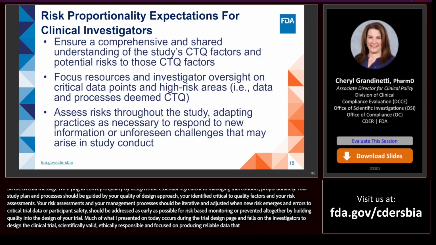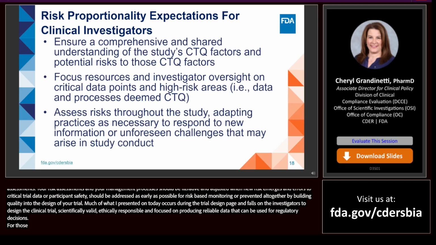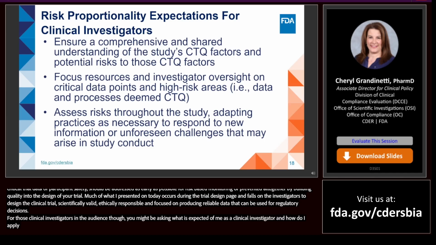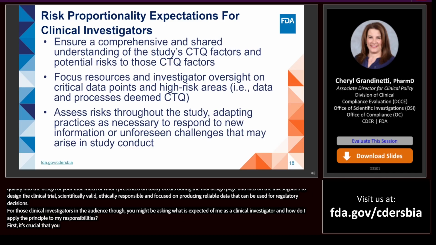For those clinical investigators in the audience, though, you might be asking, what's expected of me as a clinical investigator, and how do I apply the principle of risk proportionality to my responsibilities? Well, first, it's crucial that you and your clinical trial staff understand what's critical to quality for a study and the potential risks to those critical to quality factors.